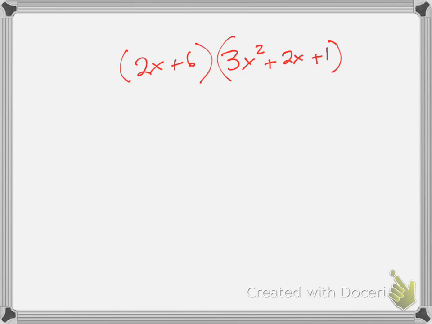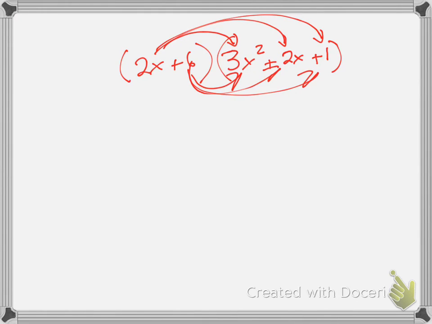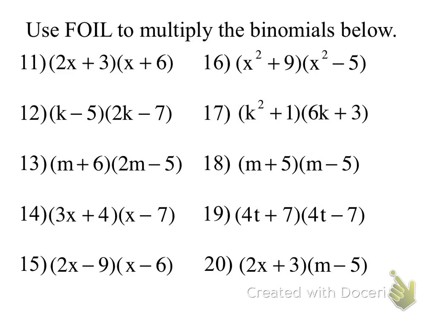There's not first, outside, inside, last. So that's why teachers kind of prefer double distributing. I distribute this to all the terms, and then I distribute this to all the terms, and then we simplify. Do you understand? It's basically the same, especially when you're doing binomial times binomial. You're still FOILing, but teachers these days kind of tend to like the term double distribute.